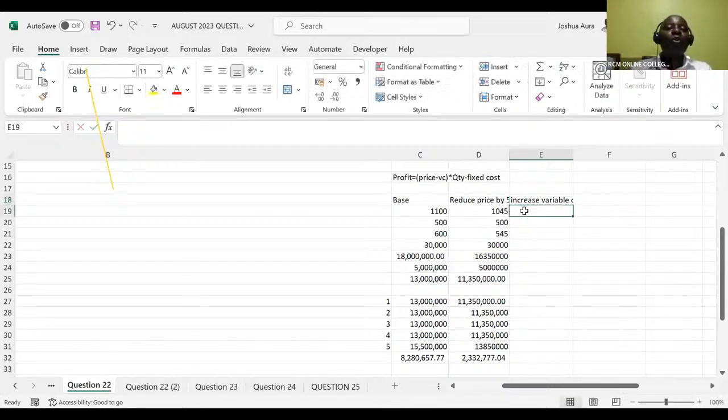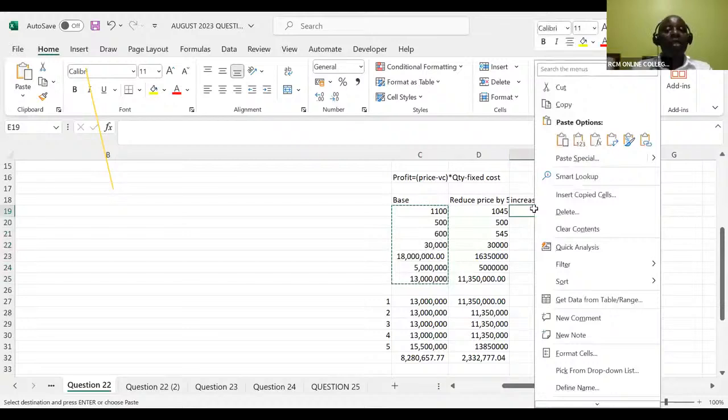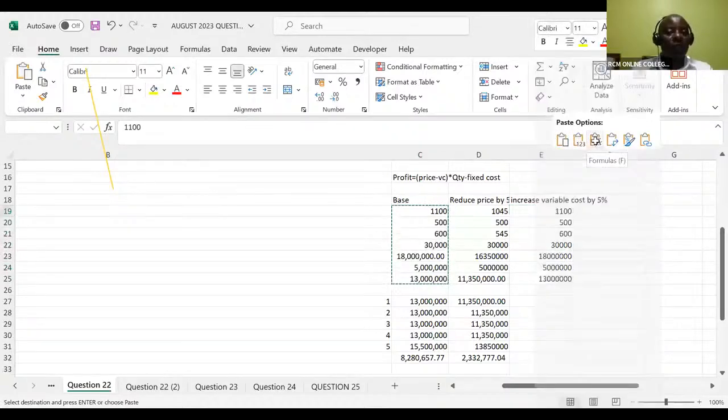So what you do, you copy the base up to the profit. You say Control C, and then you come and place here. You right click. You are copying the formulas, figures and formulas like that.